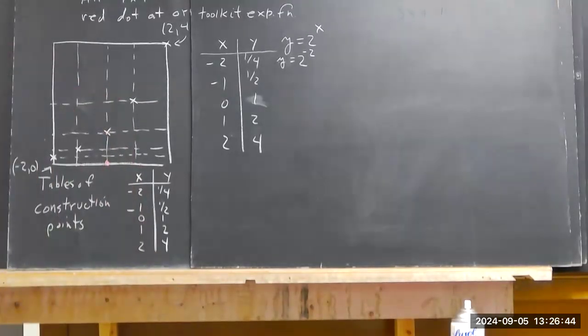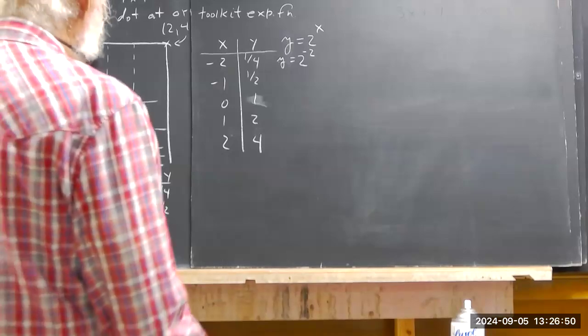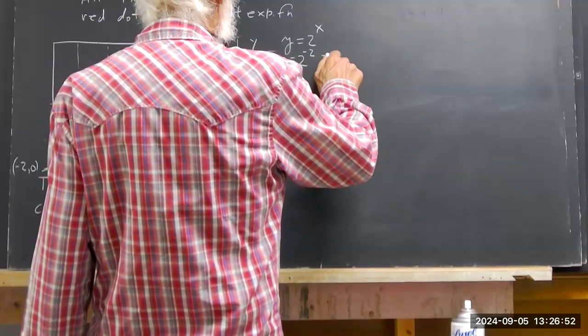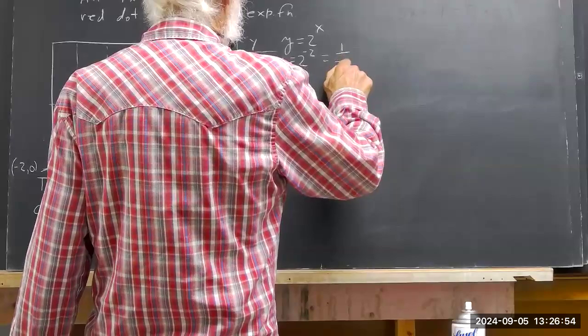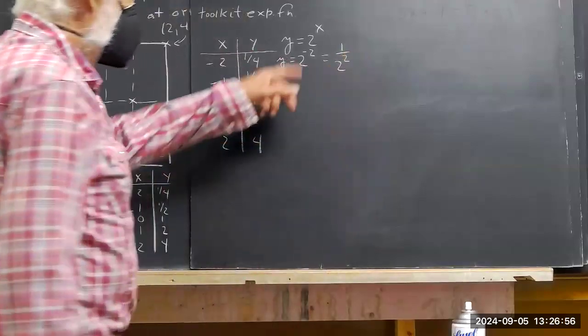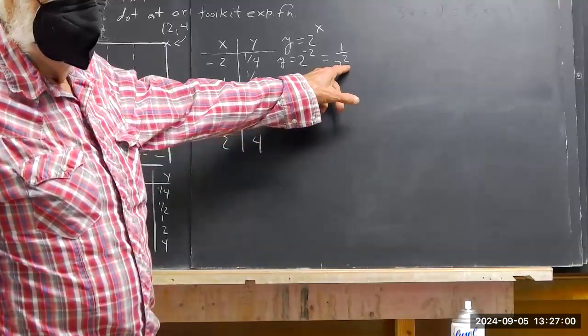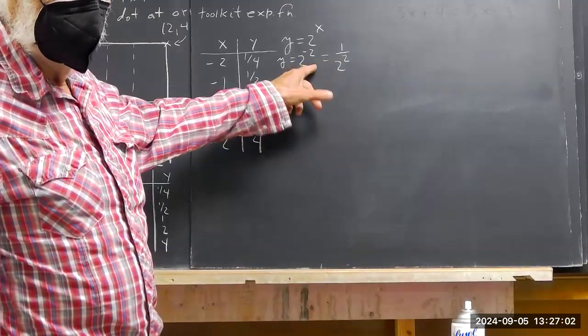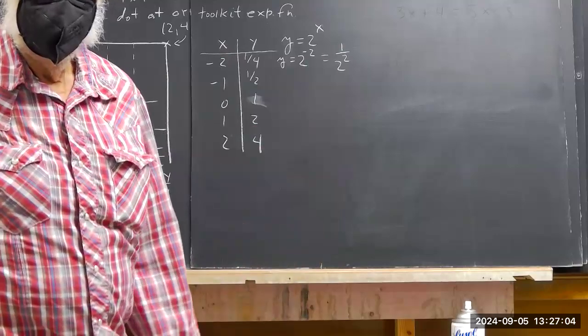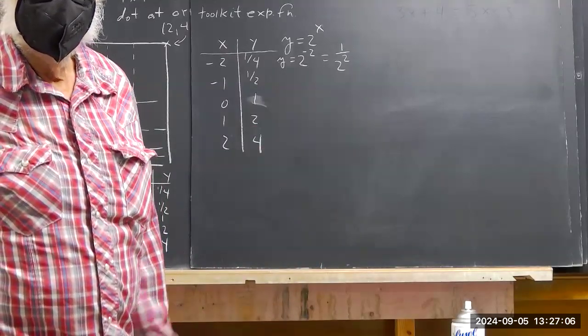Now, how is that 1/4? Well, it's because of what a negative exponent means. 2 to the -2 means 1 over 2 to the 2. The negative on the exponent puts it in the denominator. Okay? There's a good reason for that.